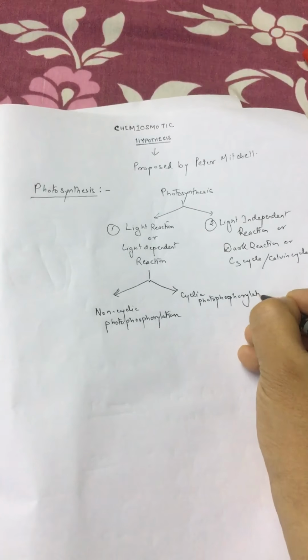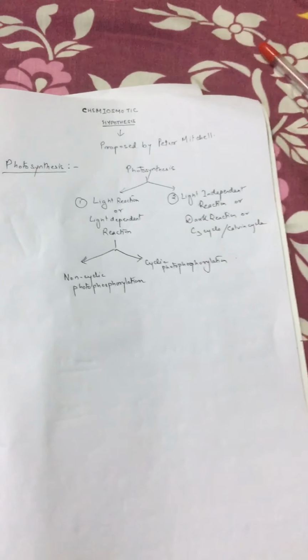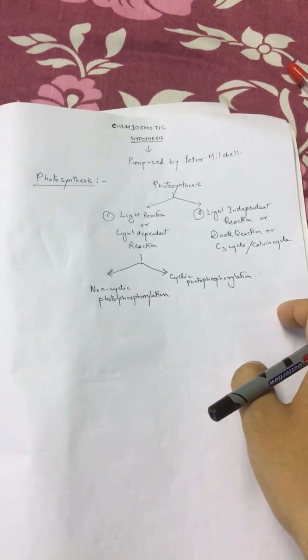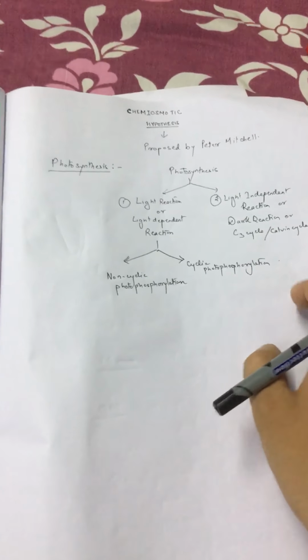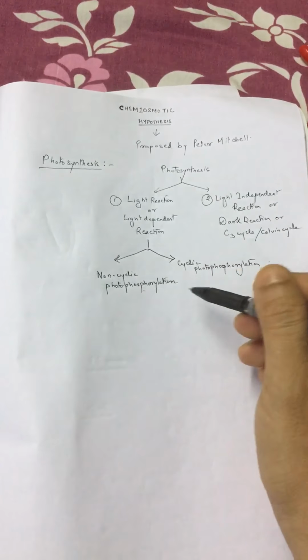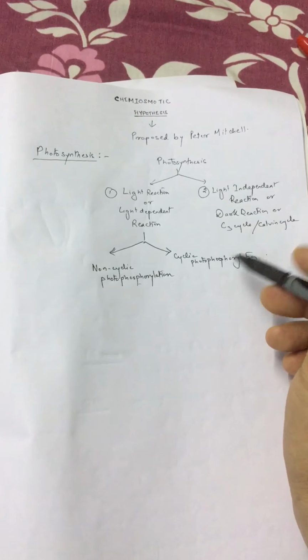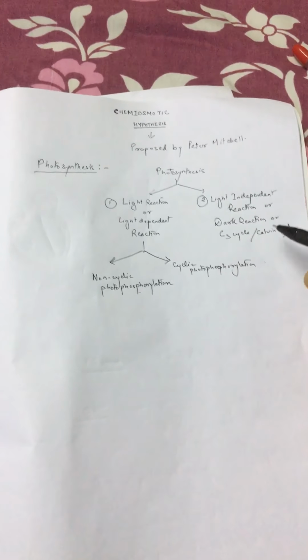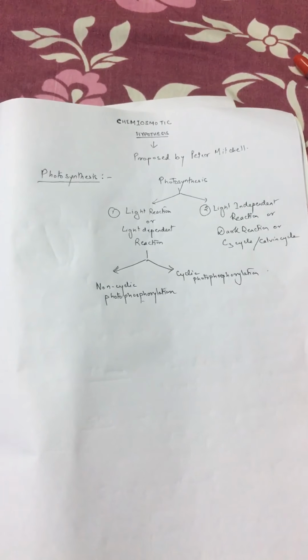In both phases there will be generation of ATP, right? And in non-cyclic photophosphorylation there will be generation of NADPH2 also. All those products generated during non-cyclic and cyclic photophosphorylation will be used up in the dark reaction, the C3 cycle or the Calvin cycle.